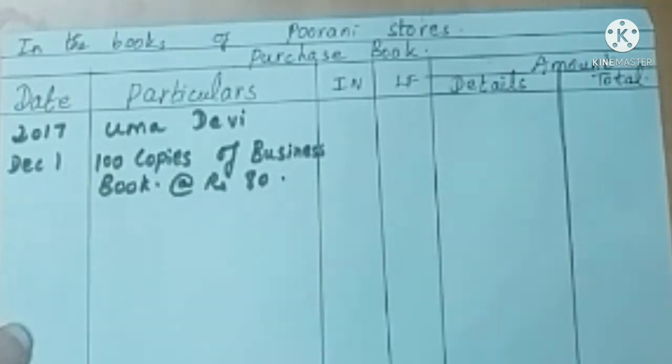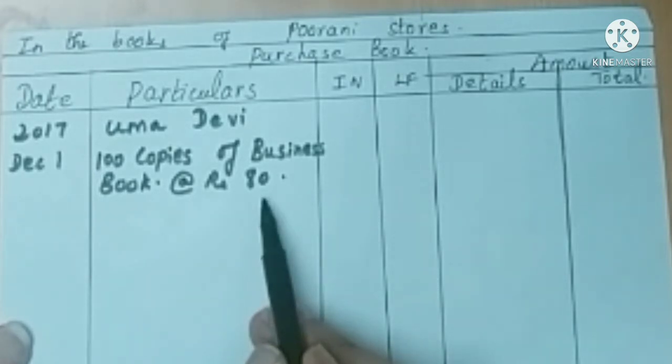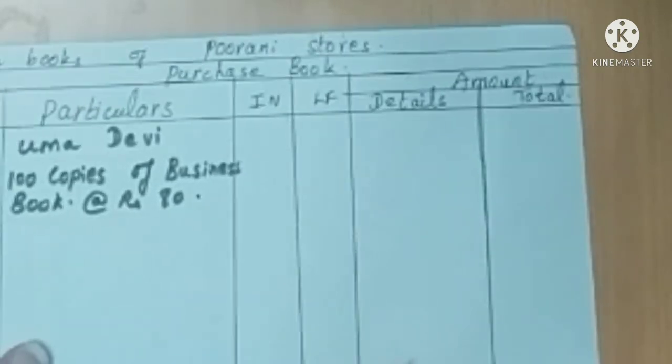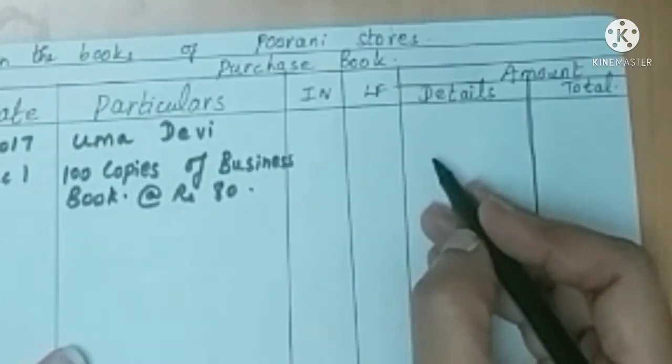So 100 into 80 is what? 8,000 rupees. So in the details column, I am going to write 8,000.